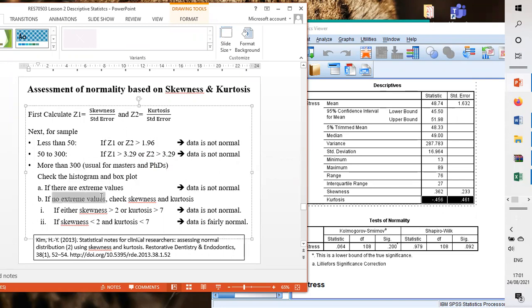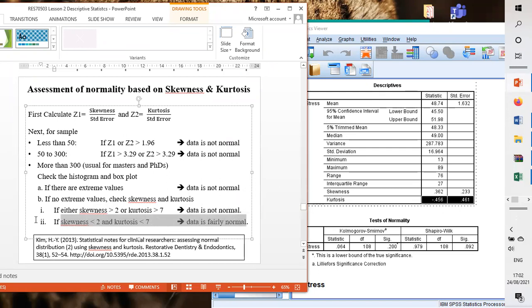If there are no extreme values, check the skewness and kurtosis by themselves, without going to Z1, Z2. If the skewness value is more than 2, or kurtosis is more than 7, the data is not normal. If less than 2 and 7, you can say the data is fairly normal.